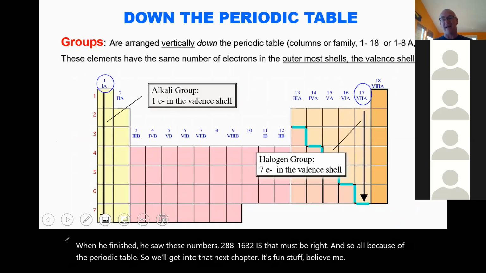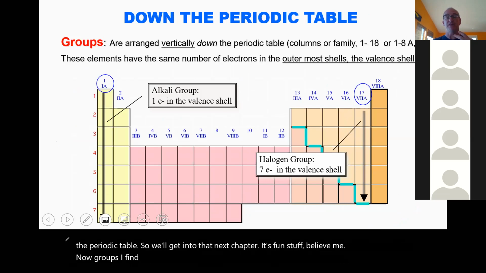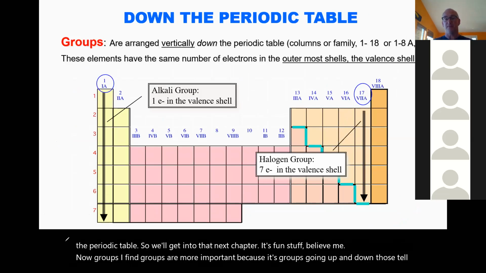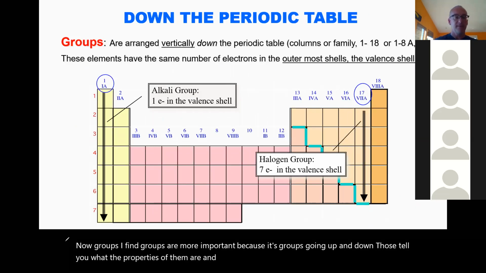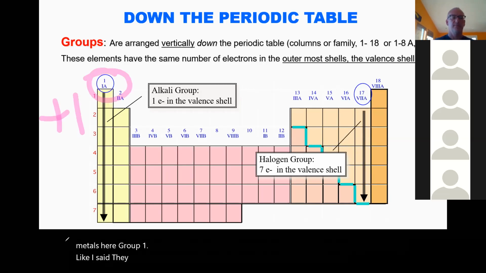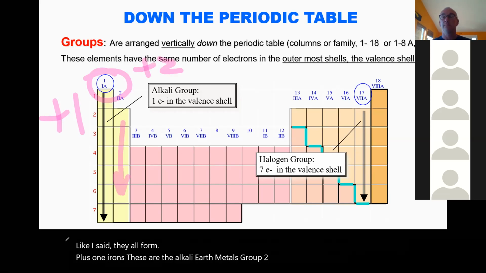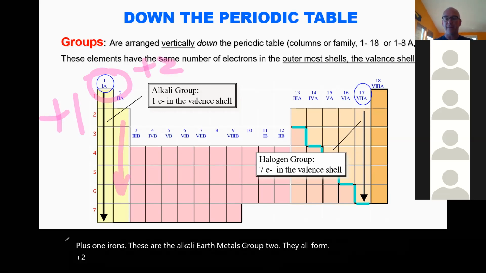Now, groups. I find groups are more important because it's groups going up and down that tell you what the properties of them are. And they're very, very similar. Like these are the alkali metals here, group 1. Like I said, they all form +1 ions. These are the alkaline earth metals, group 2. They all form +2 ions. Group 7, those are the halogens. They all form -1. Group 6, -2.